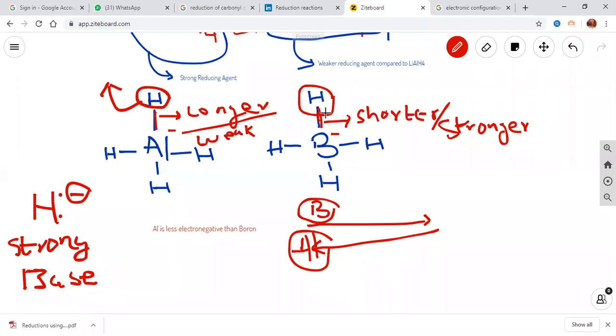Here also it breaks, but it does not break easily. But here it breaks easily.